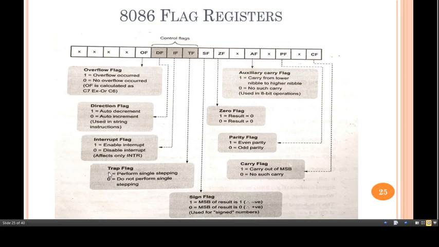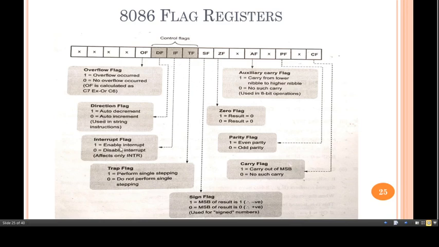The next three flags are the control flags. First control flag is the trap flag. When the trap flag is set to 1, the processor enters the single step execution mode, which means the processor performs single stepping, and when the trap flag is 0, it does not perform single stepping.